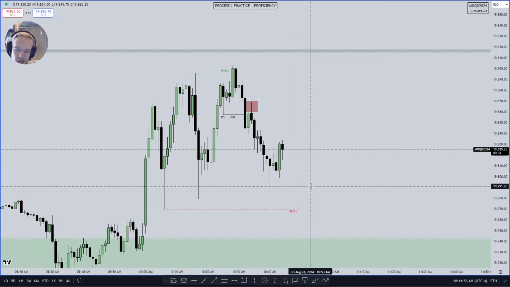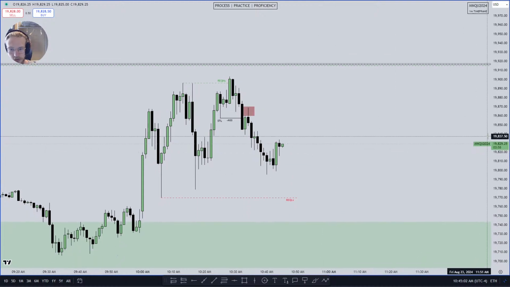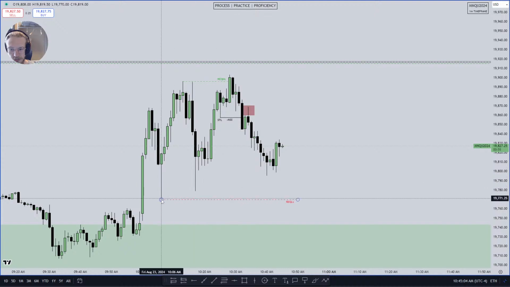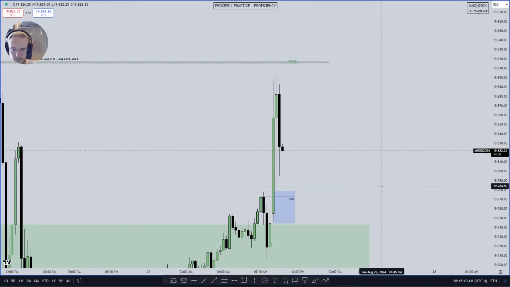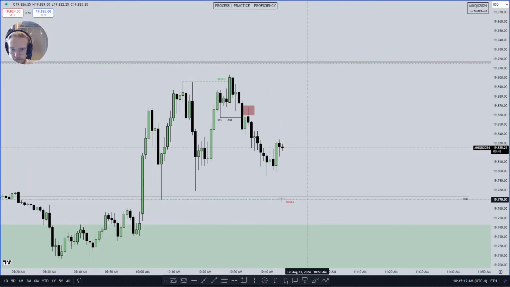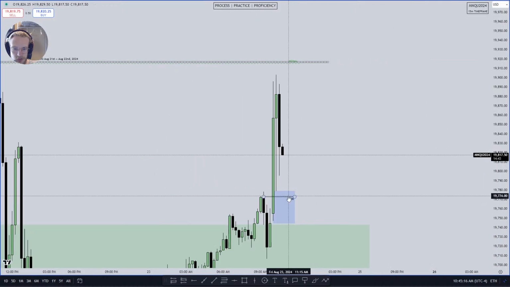Looking at this now, I think price could actually come back down into these relative equal lows first, especially since it's coinciding with an order block on the 15-minute chart.